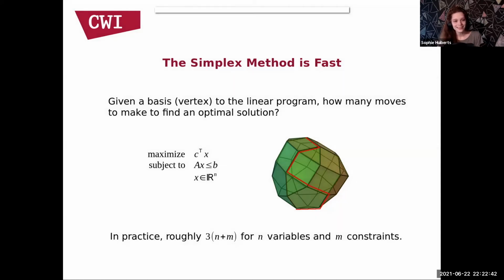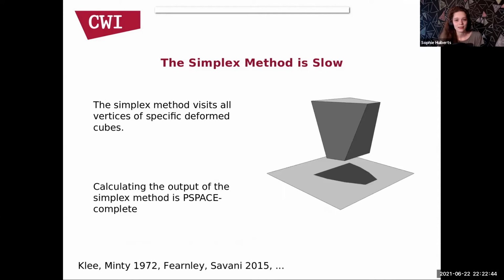And this is where the mystery comes in, because as it turns out, there is this rich literature out there of these artificially constructed linear programs on which the simplex method will actually take exponential time to finish. What's worse is that calculating the output of the simplex method is even PSPACE-complete.